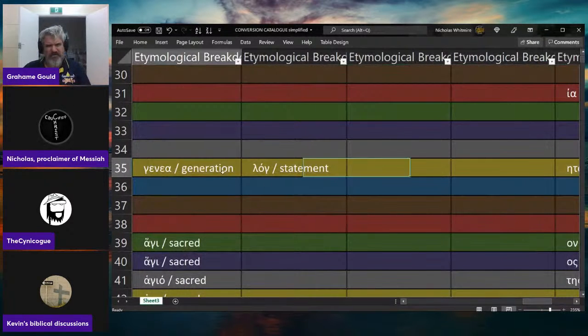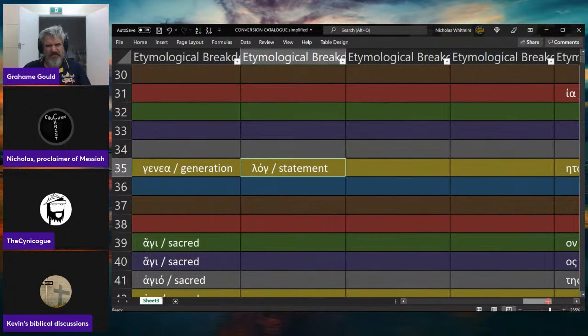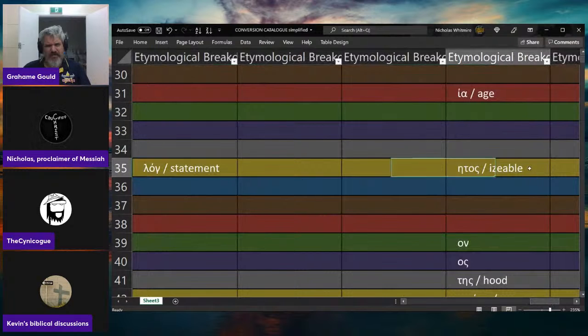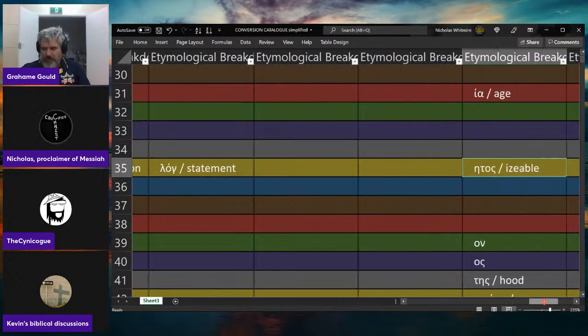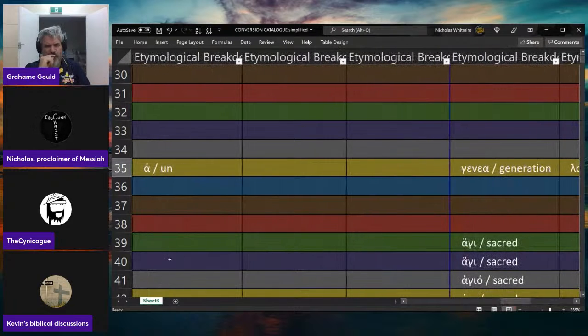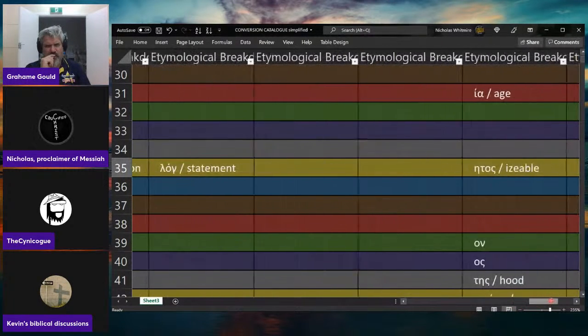What is a generation statement? It is a genealogy. So this is to be able to take it into a genealogy or to track the genealogy thereof. So genealogyizable per se, right? But this is as in you cannot track that person's genealogy.